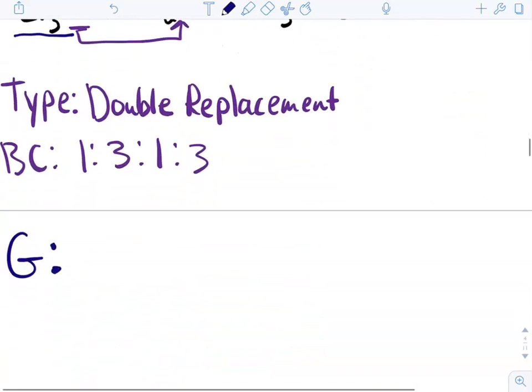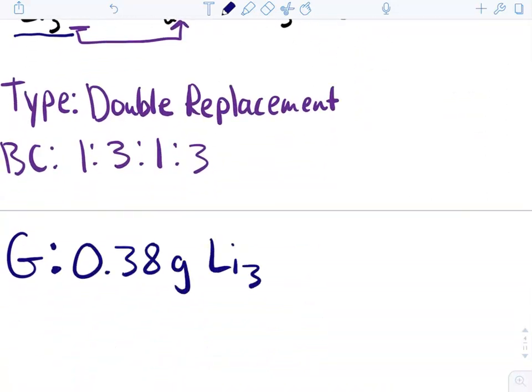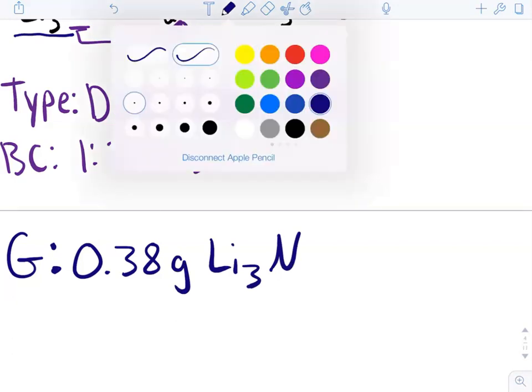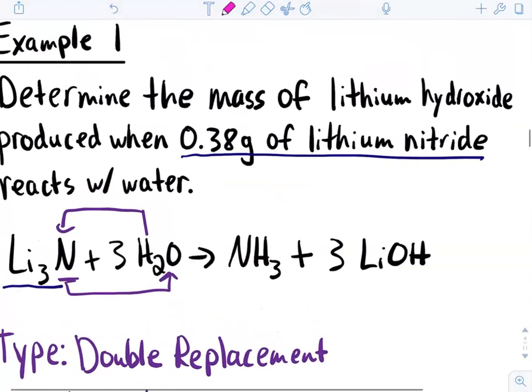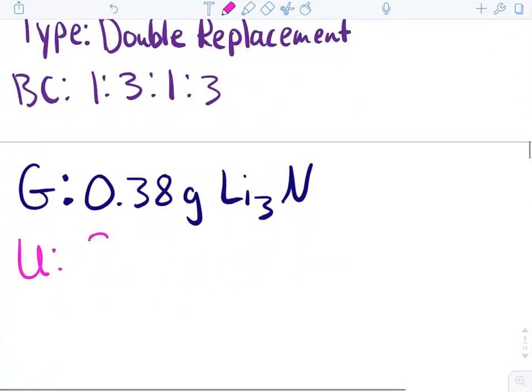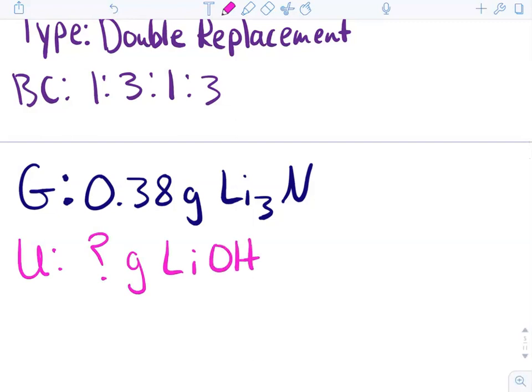So we are given 0.38 grams of Li3N. Then our unknown, the thing that we are trying to get to, is mass of lithium hydroxide. And if you remember, our mass is going to be in grams. So grams of lithium hydroxide.